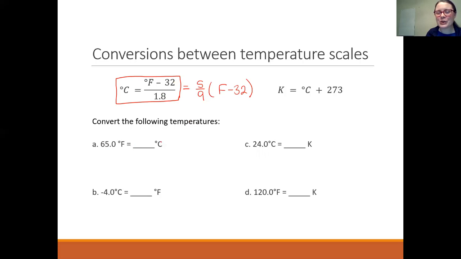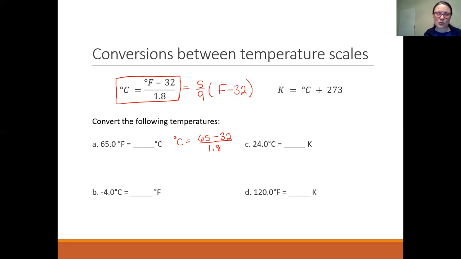So let's begin with a question. We have 65 degrees Fahrenheit, and we want to know how many degrees Celsius is that equal to. So we're going to take our formula. Degrees Celsius is equal to 65 minus 32. Just put the 65 where the degrees Fahrenheit is, divided by 1.8. Some people, for estimating purposes, will say 65 minus 32 divided by 2.